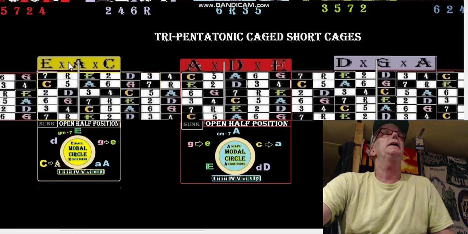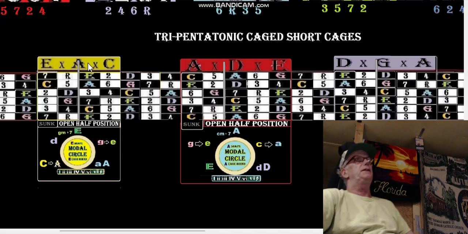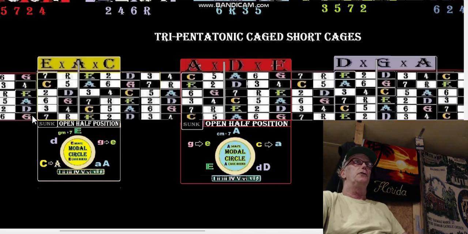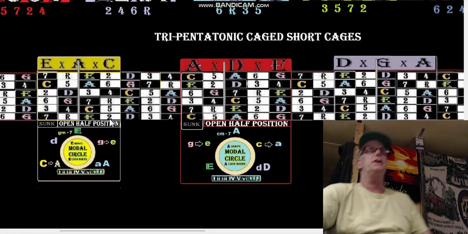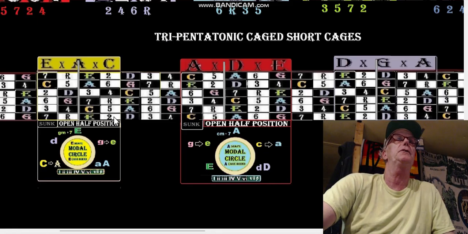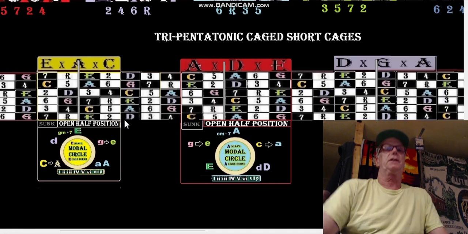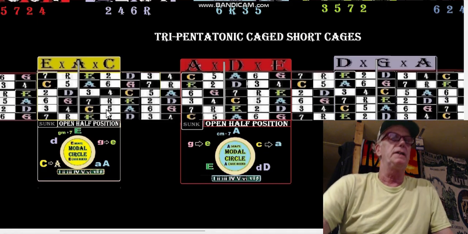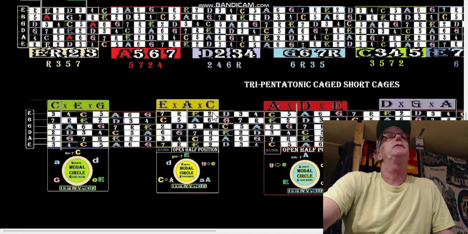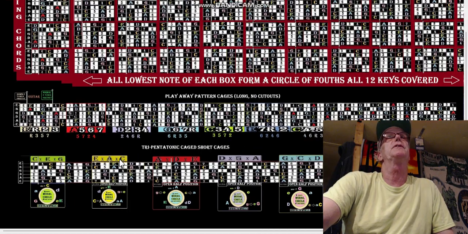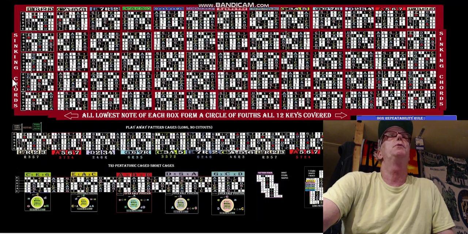The whole E, A, C goes 4 frets because the C shape starts way over here on the outer note, 2, 5, 7, 2, 5, 7. The C shaped 5th. So that's not a strict 5 fret cage system. So it's the 5 fret cage system that gives rise to the 12 keys.